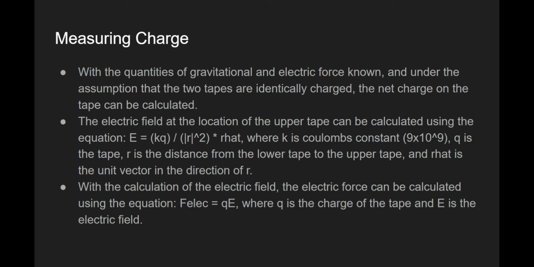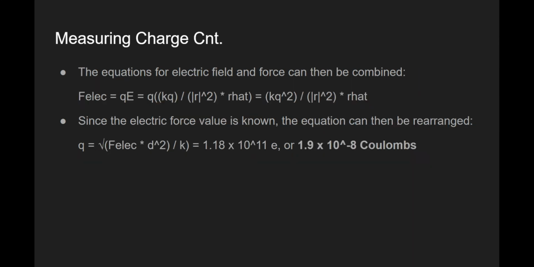With the calculation of the electric field, the electric force can be calculated using the equation: electric force is equal to Q times E, where Q is the charge of the tape and E is the electric field. The equations for electric field and force can then be combined into: electric force is equal to kQ squared over r squared times r hat.